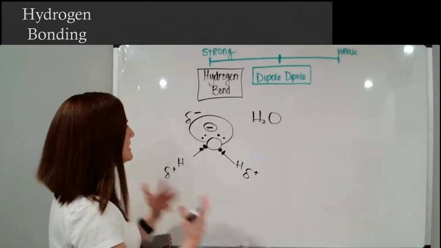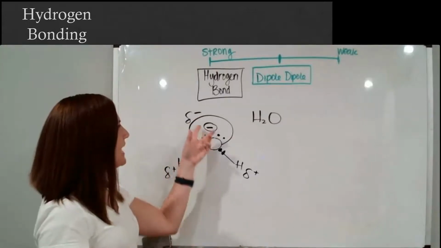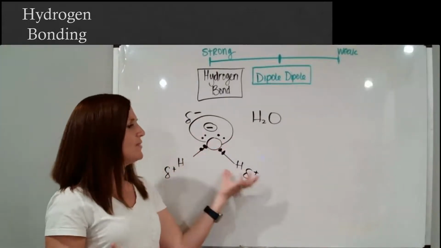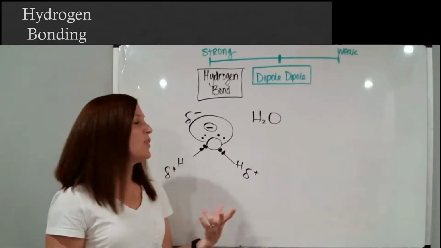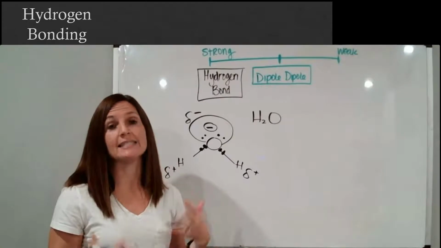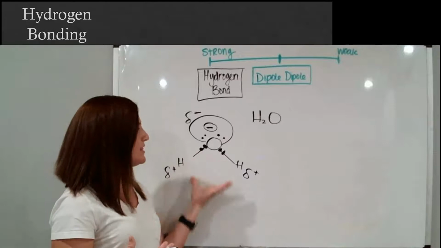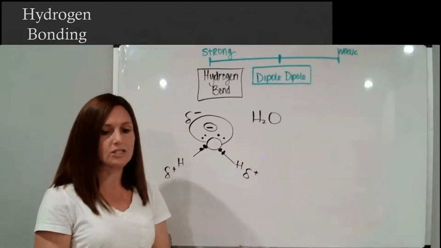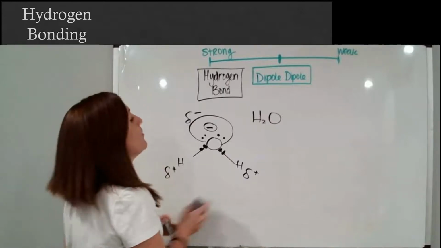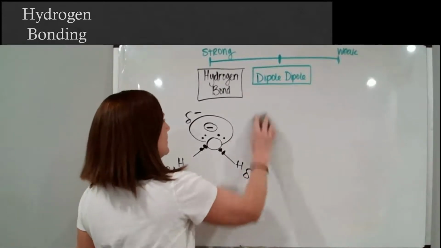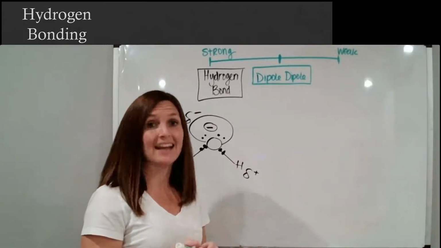And what happens next is that the negatives of this oxygen and the positives of the hydrogen are so strong that they're almost as strong as a cation or an anion. So between this water molecule and the water molecule next to it, we're going to get a force of attraction between the positives and negatives that is so strong that it's almost as strong as an ionic bond.